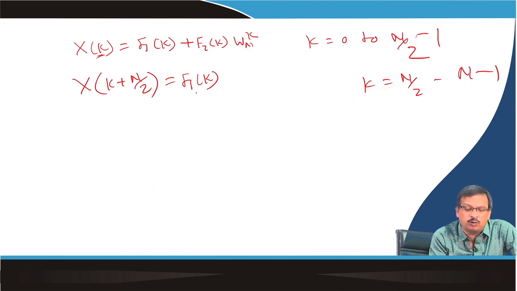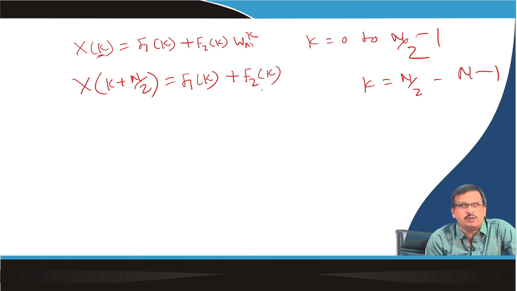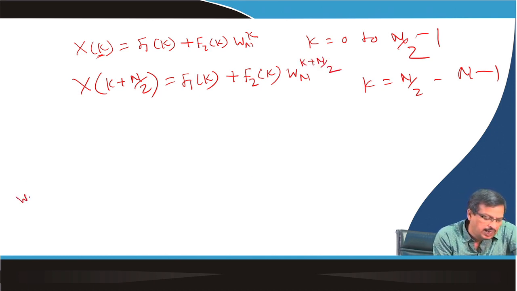So it becomes F1(k) and F2(k), because F2(k plus N/2) is nothing but F2(k). So, I will not compute F2(k) again, and W_N to the power k plus N/2. Now, what is W_N^{k+N/2}? It is nothing but W_N^k into W_N^{N/2}.